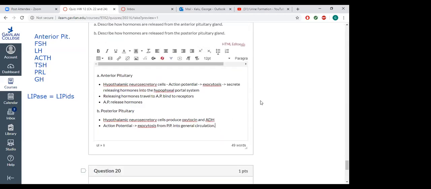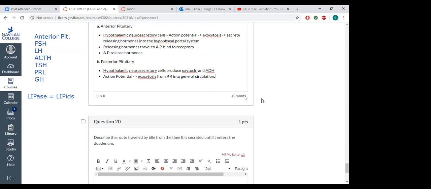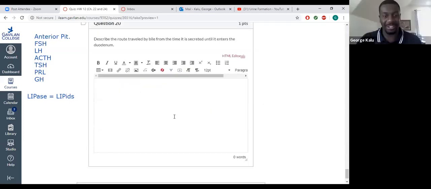Yeah, definitely. Okay. Last one is to describe the route traveled by bile from the time it is secreted until it enters the duodenum. So we'll start with the liver. When the liver produces the bile, where is it going to go first?